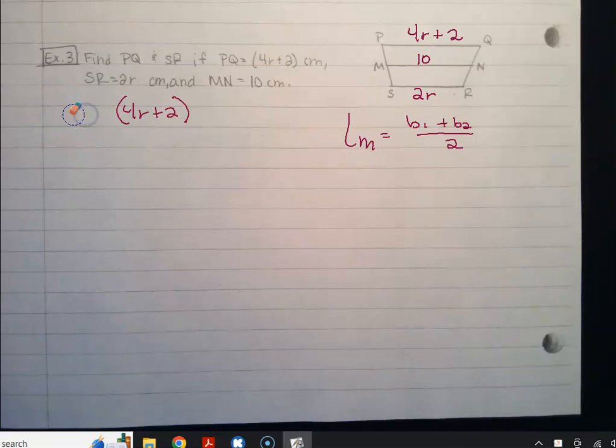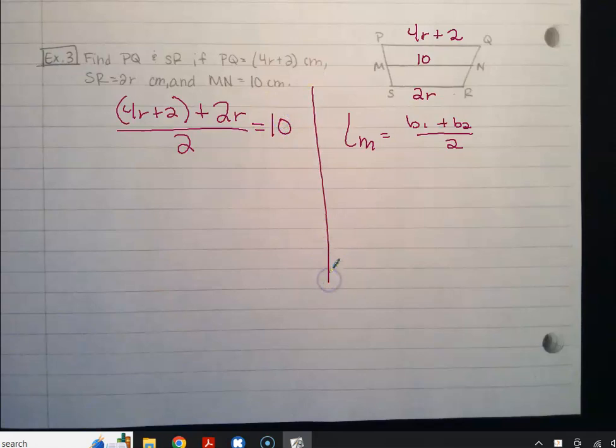So let's finish it. So we've got base 1 is 4r plus 2 plus 2r, so this is that quantity, divided by 2 equals 10. That's why he had the 10 in there. He put the 10 first. But we know the length of the mid-segment, so we can solve. Perfect. All right, so then how do we solve this bad boy?